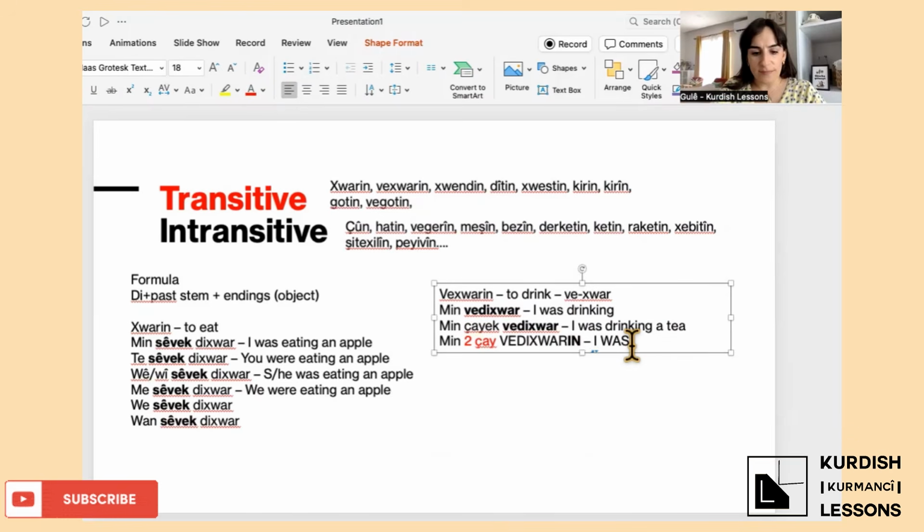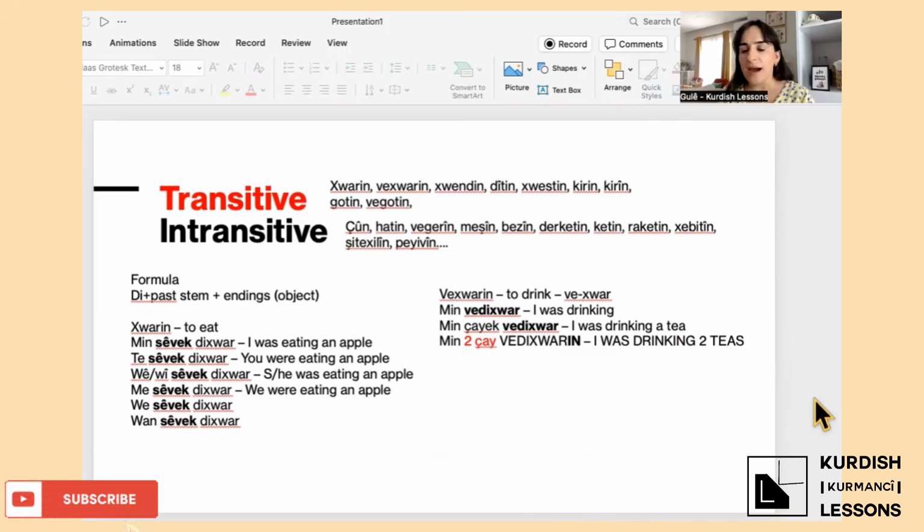I was drinking 2 tea. Okay? So if you have a singular object, the conjugation of transitive verbs is only the prefix and stem. And if you have a plural object, the ending is n.